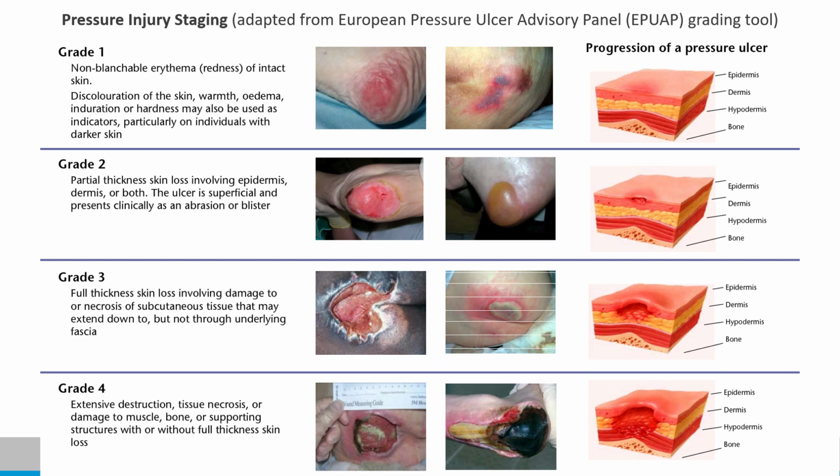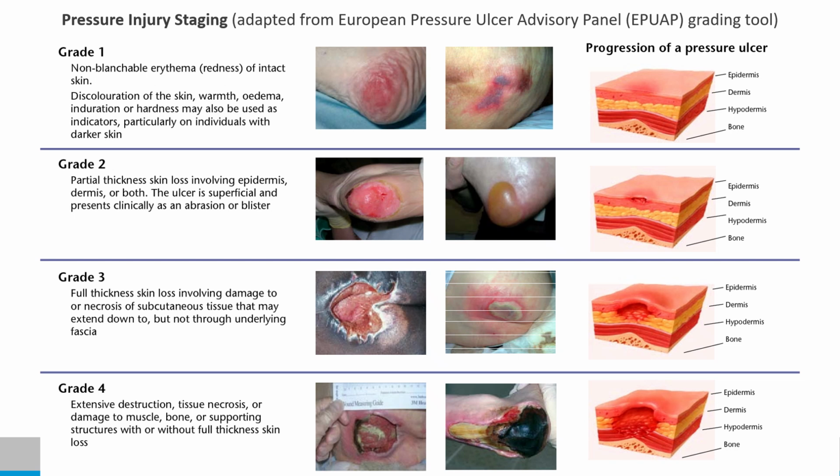A grade 2 pressure injury consists of a partial thickness skin loss involving the epidermis, dermis, or both. The ulcer is superficial and presents clinically as an abrasion or a blister.